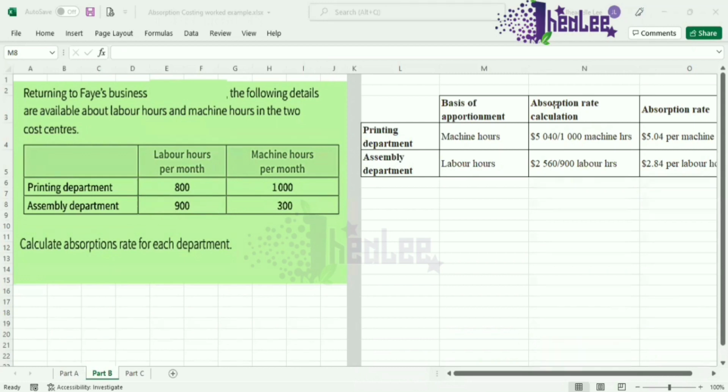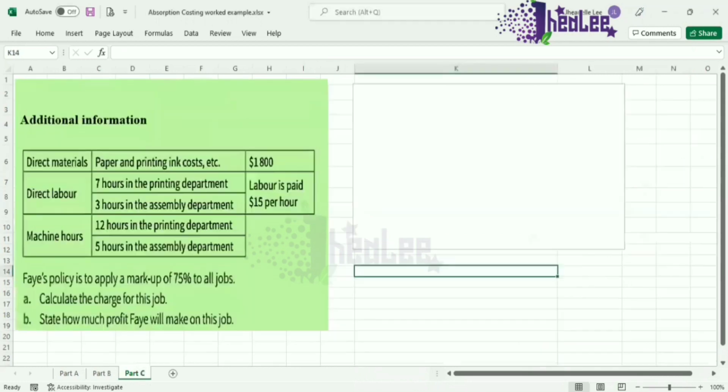And there is a third part, and that reads, additional information. Direct materials, paper and printing ink, cost, etc. is $1,800. For direct labor, it is 7 hours used up in printing and 3 hours used up in the assembly department. So basically, the total direct hours is 10 hours. And for each of those hours, the individuals are paid $15 per hour.